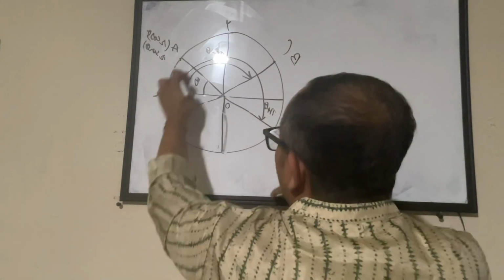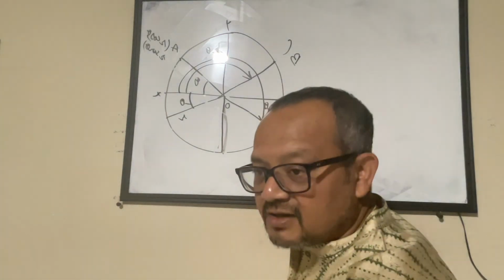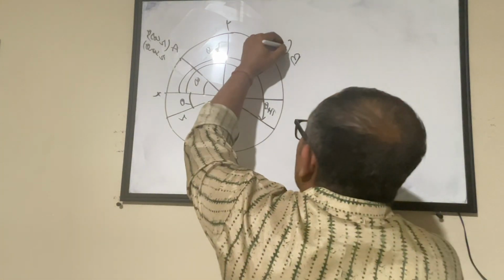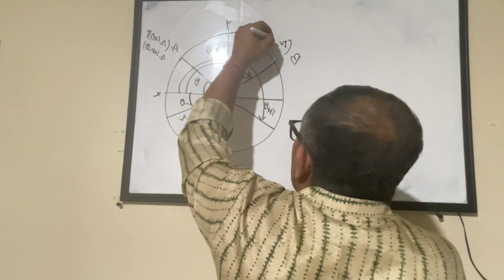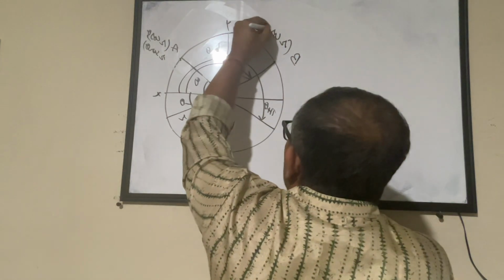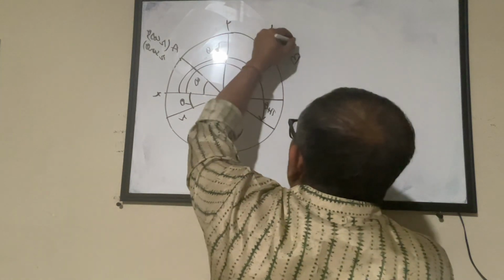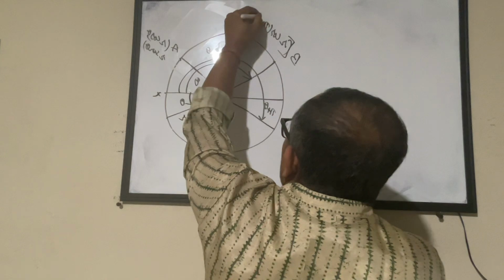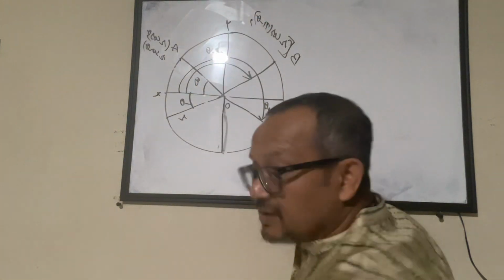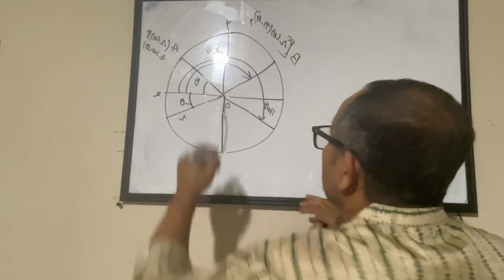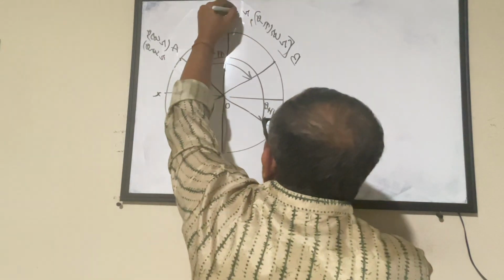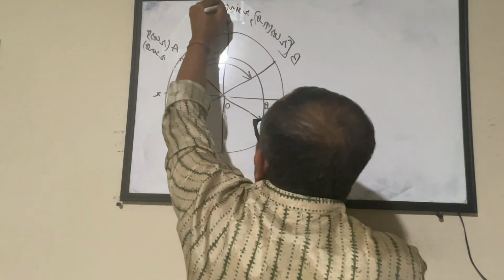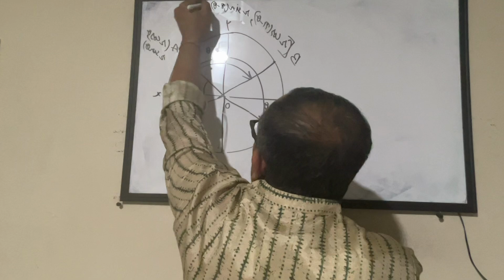It is pi minus theta, correct? So it will be r times cos of pi minus theta, and the y coordinate will be r times sine of pi minus theta.